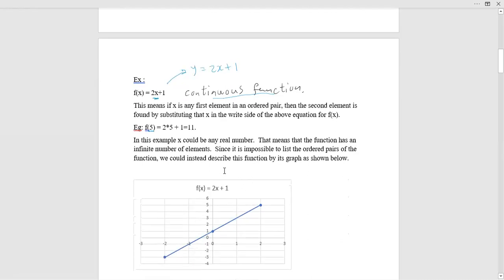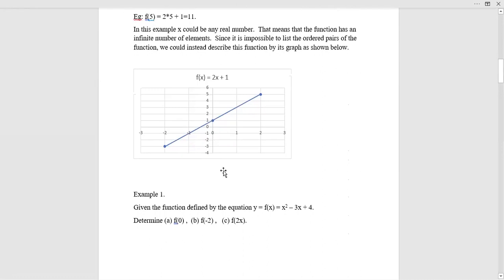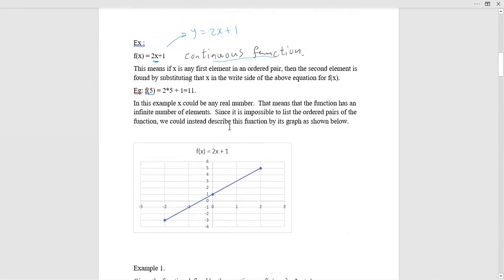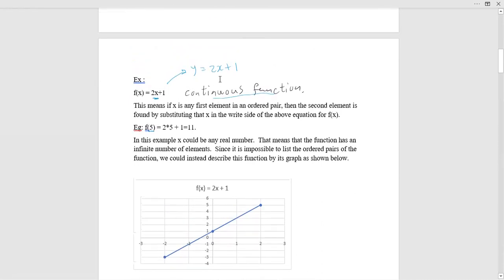Now, since this is going from negative infinity to positive infinity, it means this function is defined for all x, right?